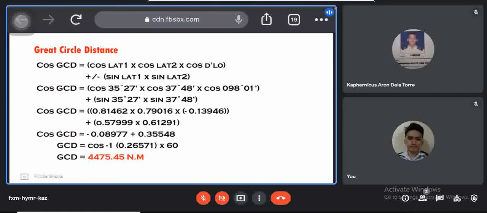But we will add the second term because latitude 1 and latitude 2 have the same name: plus sine 35 degrees 27 minutes times sine 37 degrees 48 minutes.